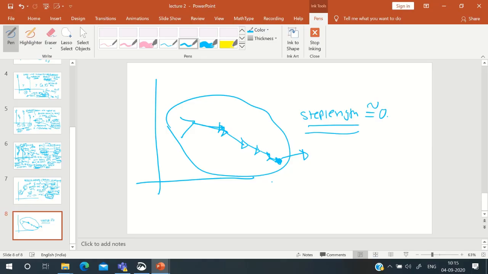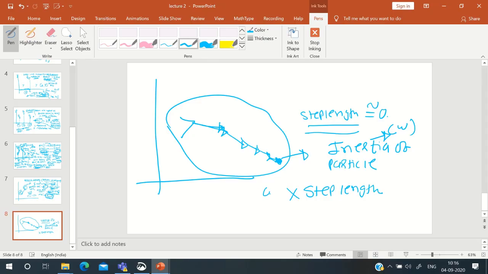This is our concept. Now how can we express this in terms of mathematical equations? That concept is related to the term inertia of the particle, and the inertia constant, which is designated as W. So in every iteration, the step length of the particle is multiplied by an inertia constant, and this inertia constant is less than 1.